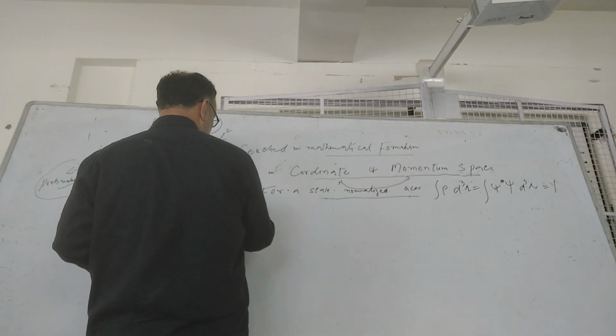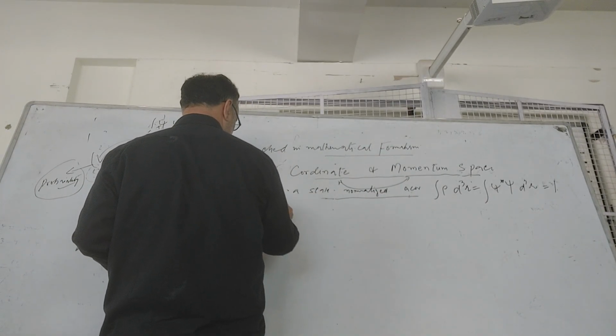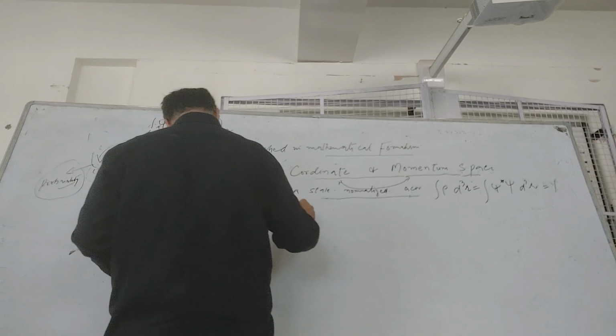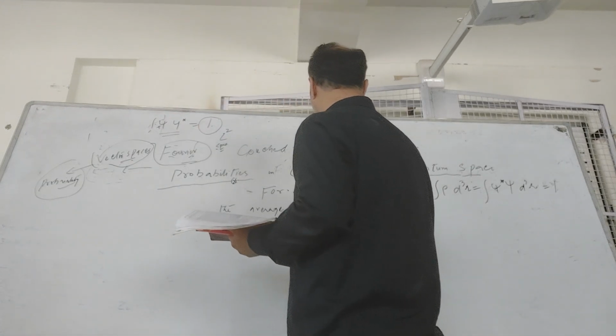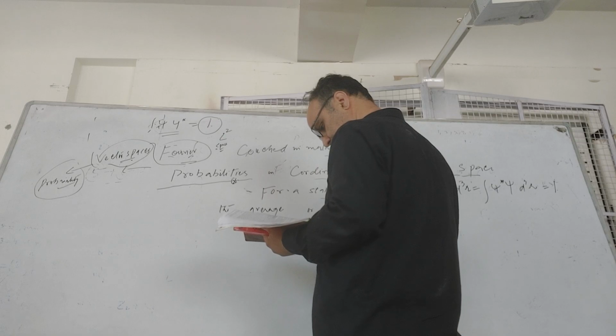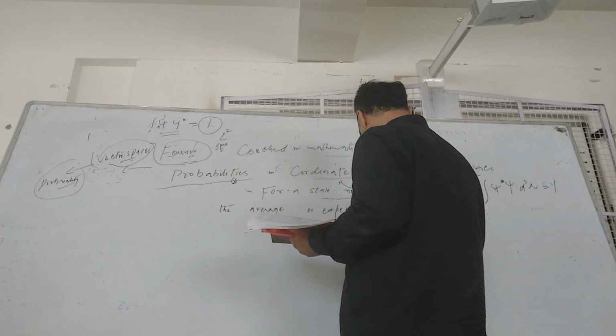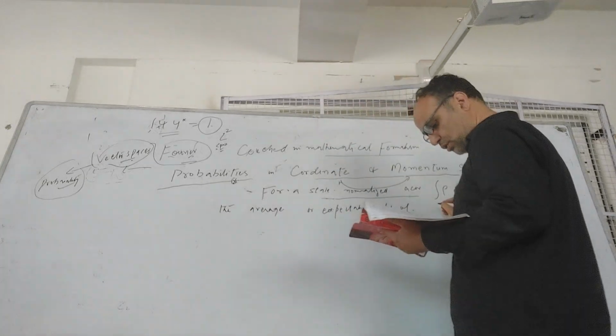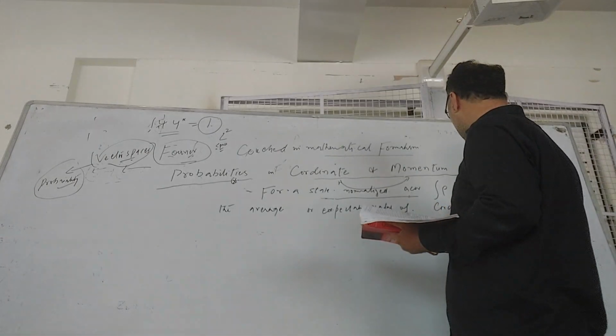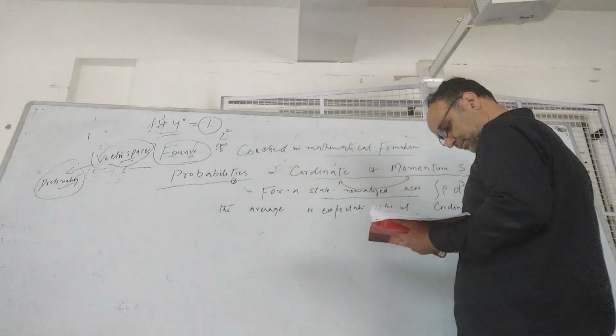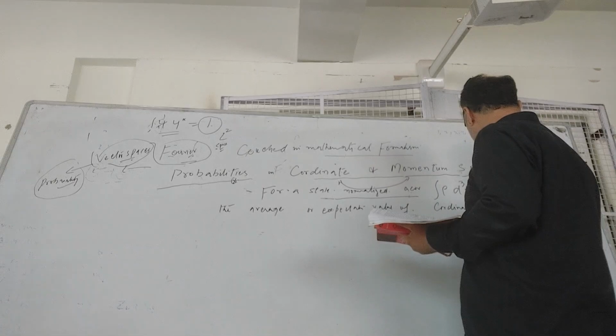the average or expectation value of coordinate x, which is a random variable.